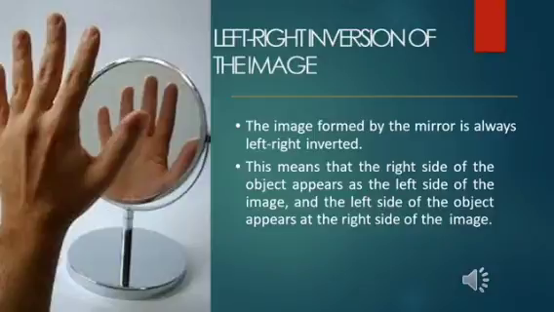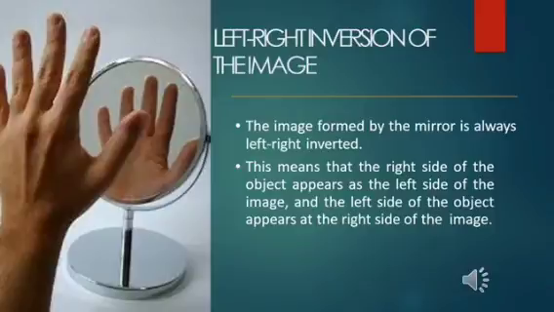Now if you stand in front of the mirror and look at yourself, the image formed by the mirror is always left-right inverted. Left-right inverted is also called lateral inversion. Are you following? What is lateral inversion? It is the property where you will see that the right side of the object appears as the left side, and the left side of the object appears at the right side of the image.